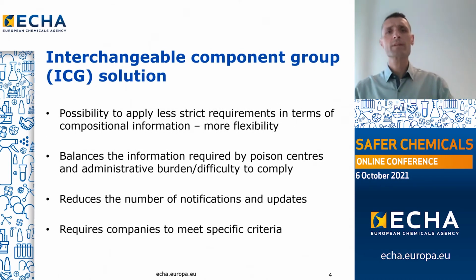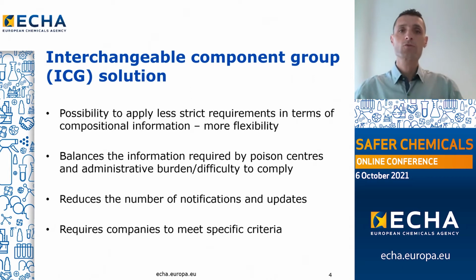So the interchangeable component group solution basically provides the possibility to apply less strict requirements in terms of compositional information. So the submitter can benefit from a higher flexibility in the notification of the composition.